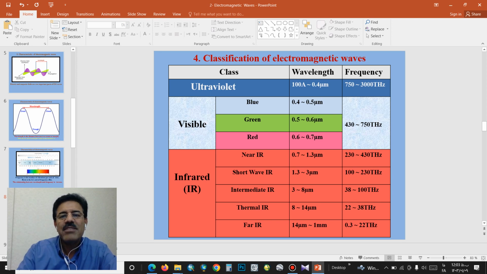Number 4. Classification of electromagnetic waves. This table is showing the parts of electromagnetic waves: ultraviolet, visible region, and infrared, IR.